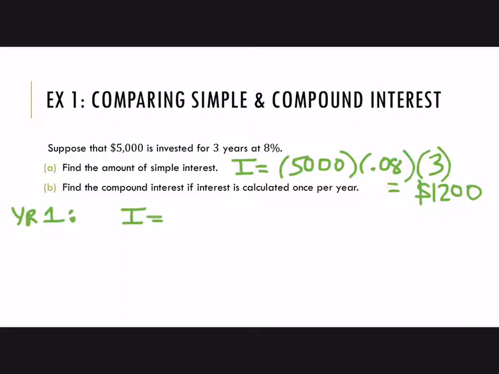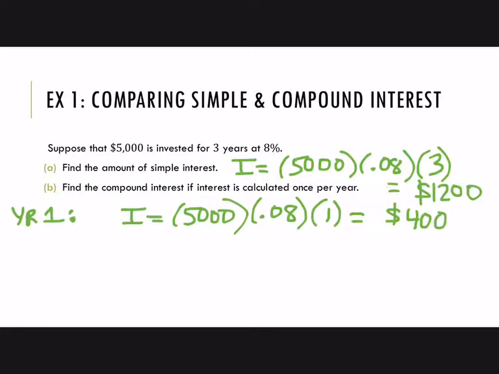So we would have $5,000, 8%, but this time the time period is just 1. We're calculating this at the end of the first year. And that would give $400 worth of interest. That makes sense since we know that it's $1,200 for 3 years, $400 is a third of that. So that's as expected.